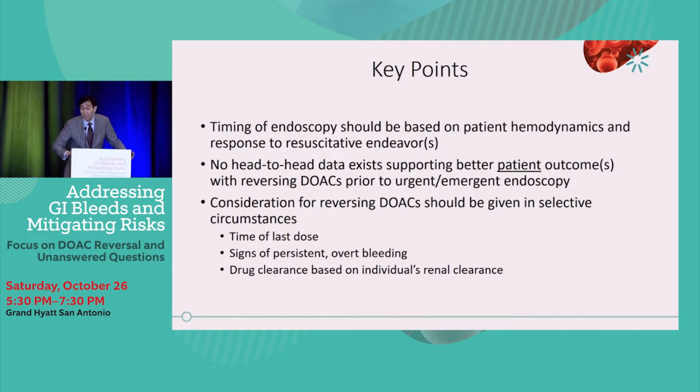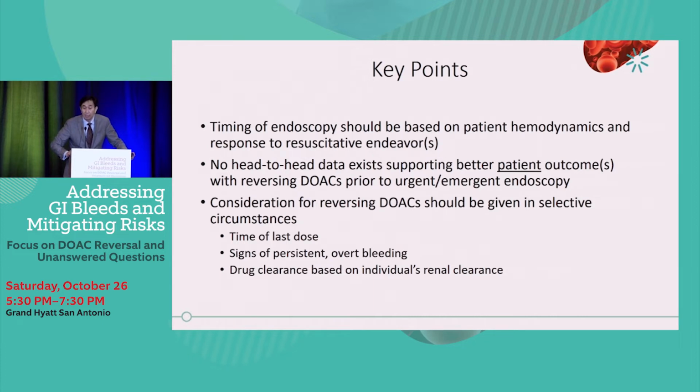So before I forget, here are the main key points. Number one, the timing of the endoscopy should be based on the patient's hemodynamics, not on whether the patient has been sufficiently reversed in terms of their coagulopathy. And let's be frank, we do not have any head-to-head data supporting better patient endoscopic outcomes, namely better endoscopic hemostasis, no need for a second look, or 30-day mortality, when we discussed the issues of reversing the DOACs.